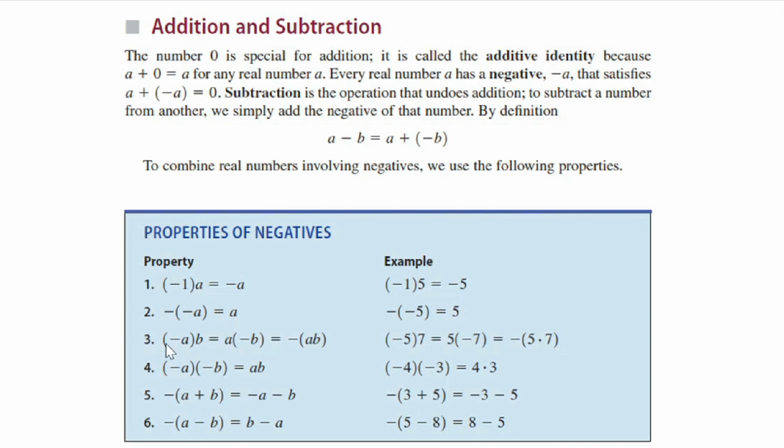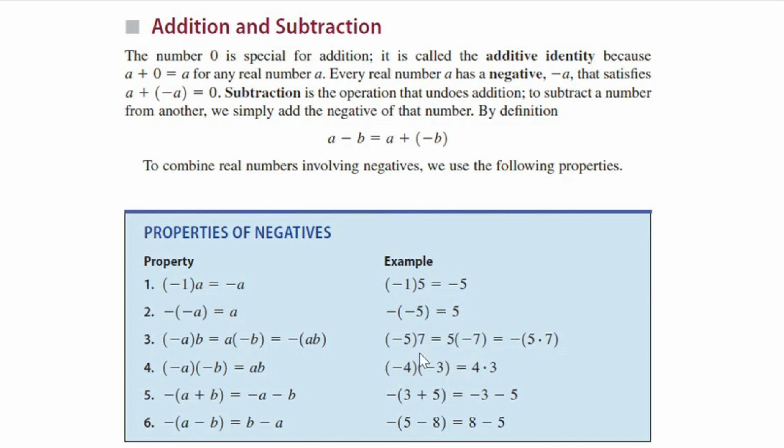And property number 3, the negative of a times b is just equal to a times negative b, equals the negative of the quantity a b. So the result would be just the same. To illustrate this one, I will use an example. Negative 5 times 7 is just equal to 5 times negative 7.